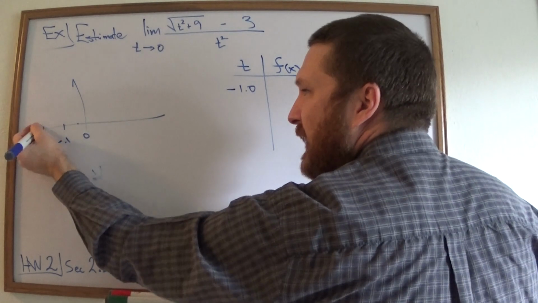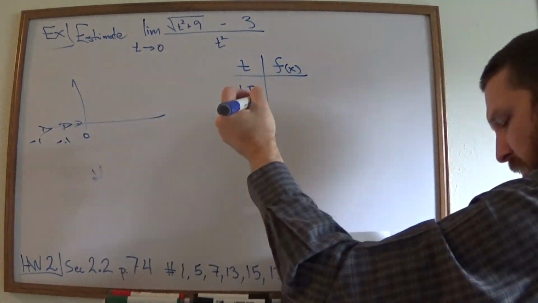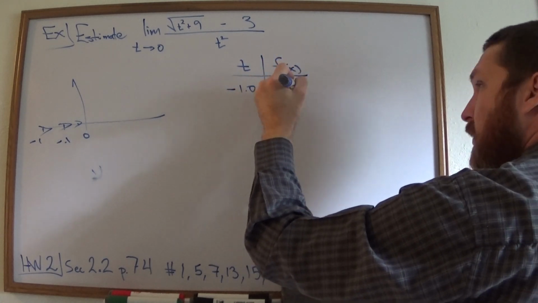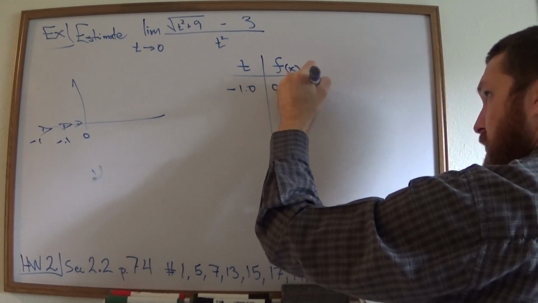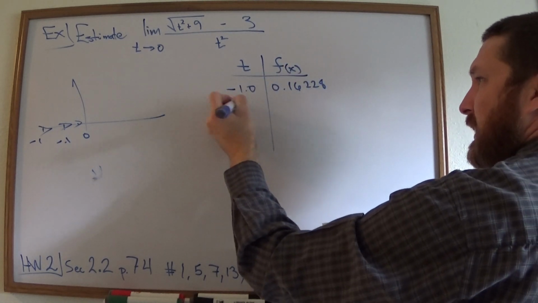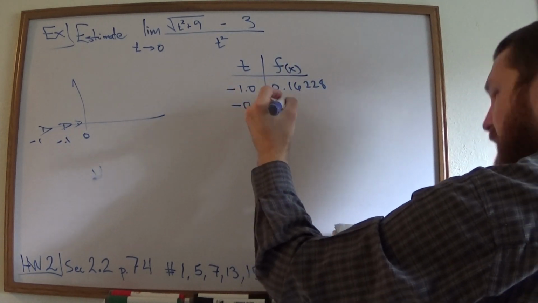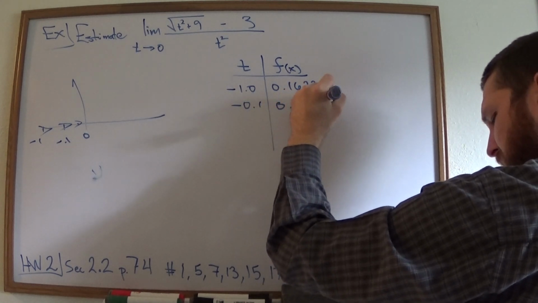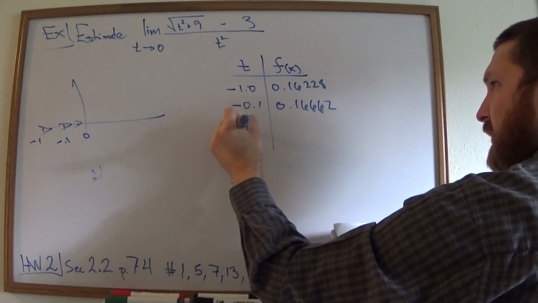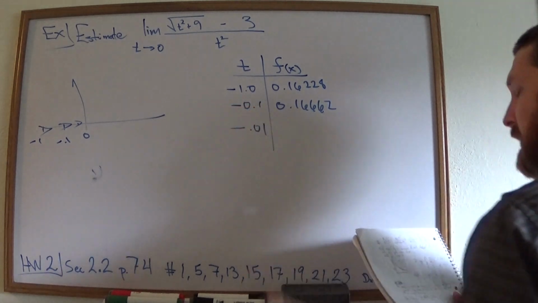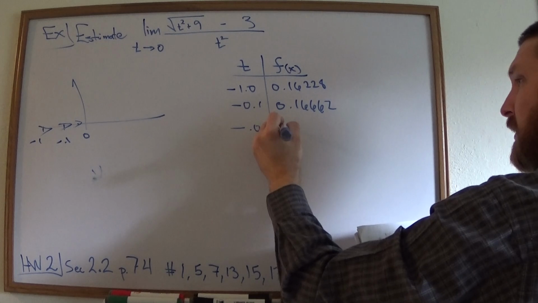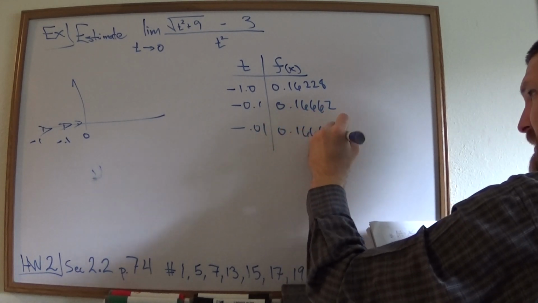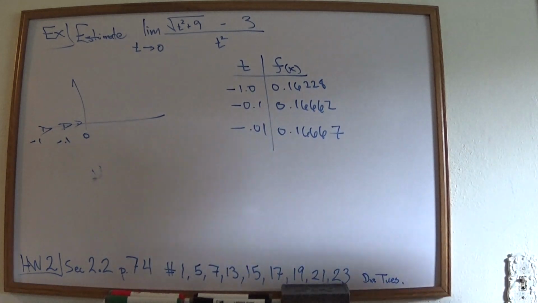So negative 1 gives me 0.16228. Now I'm going to plug in negative 0.1, and I get 0.16662. I go negative 0.01, and it gives me 0.16667.